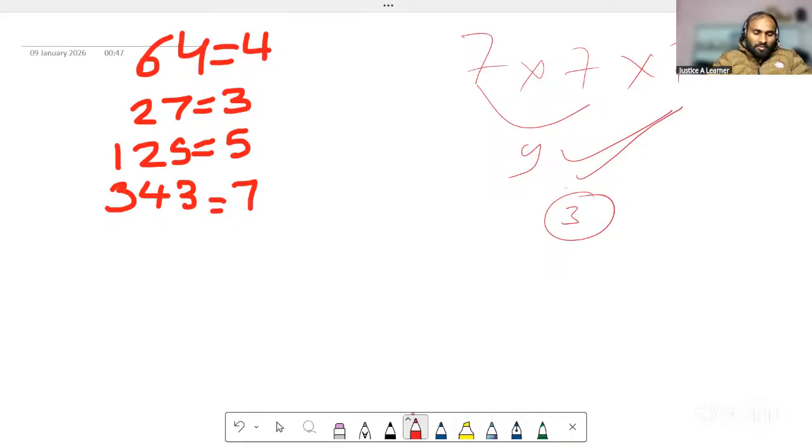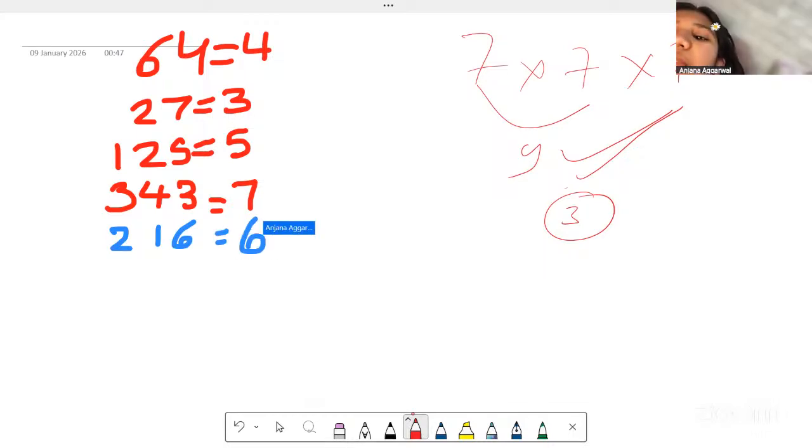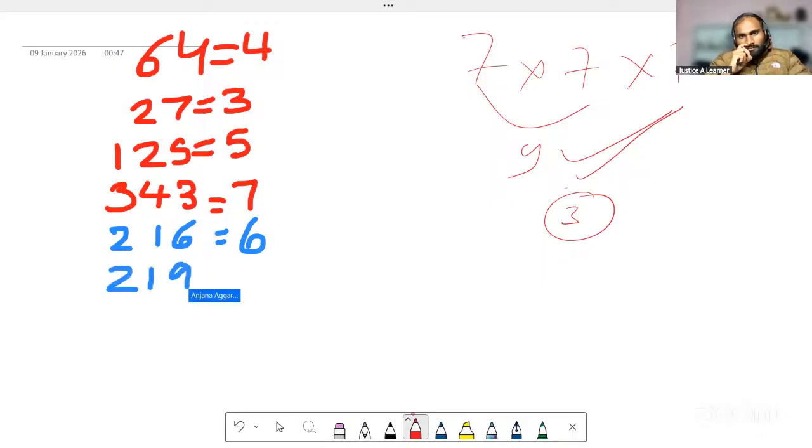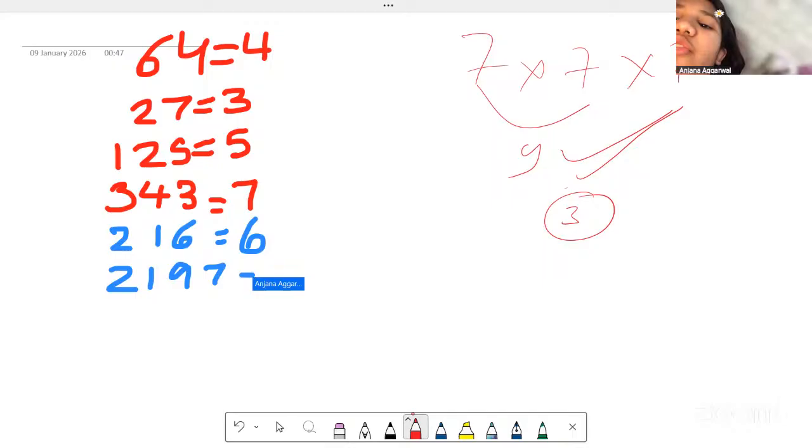Okay. What about 216? 6 times 6 is 36. 6 times 6 again is 36. So 6. Good job. What about 2197? That's a 4 digit number already. I can't do it. Okay, three digit.